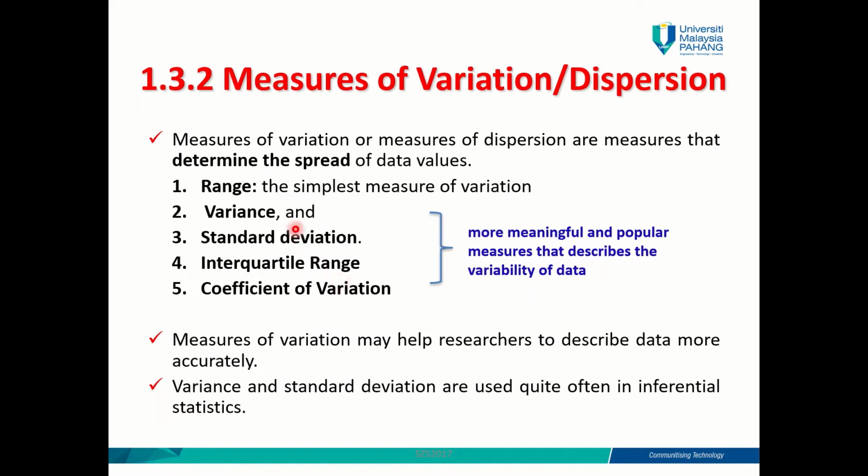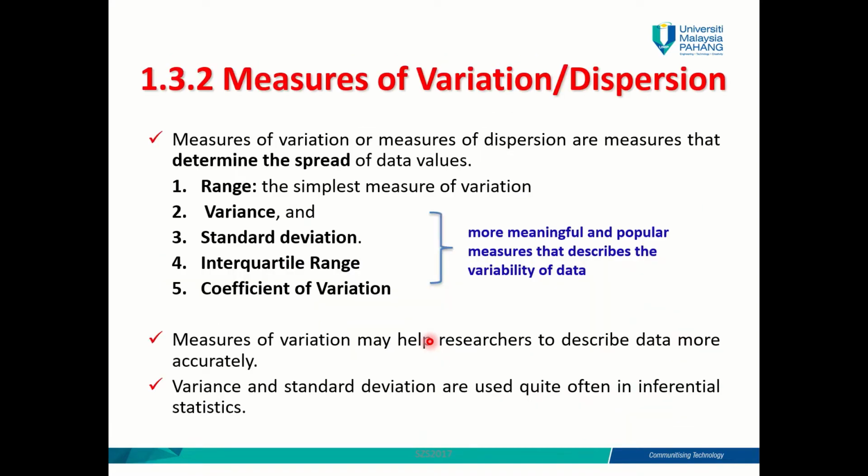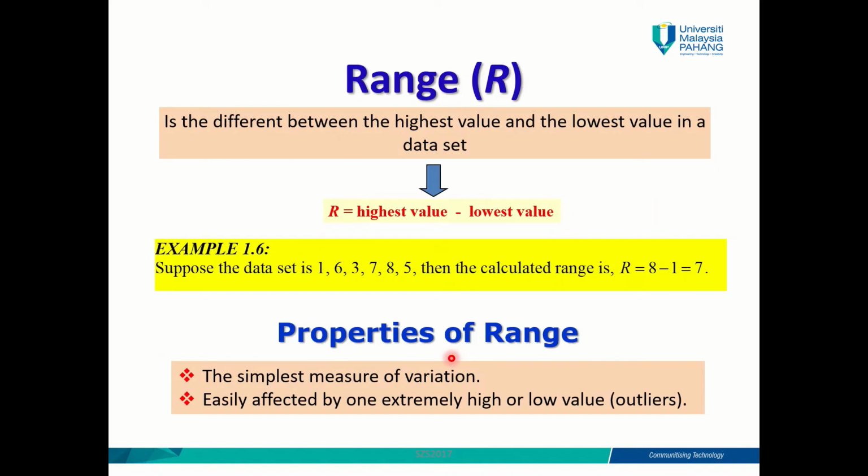For instance, if you calculate standard deviation, you will find out that the standard deviation of group B is smaller than the standard deviation of group A. So you can use measures of variation to describe the spread or the consistency of your data set. Or in other words, it is also what we use to describe the variability of your data set. This is the function of measures of variation. Okay, so let's look at the formula on how to calculate these measures.